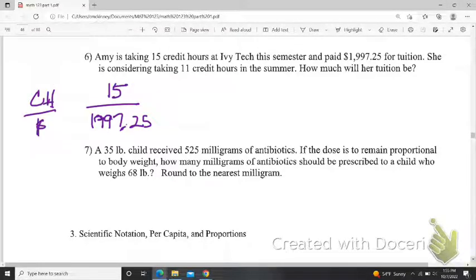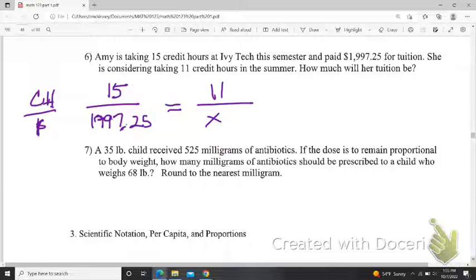If you'd like to figure out how many dollars per credit hour, you could put dollars on top. But if all I need is how much her tuition is going to be, notice the 11's on top because it's credit hours, and the dollars, how much the tuition will be, is on the bottom. And then this doesn't tell us what to round to, so it would be appropriate to round to dollars and cents, as they gave the original tuition in dollars and cents.